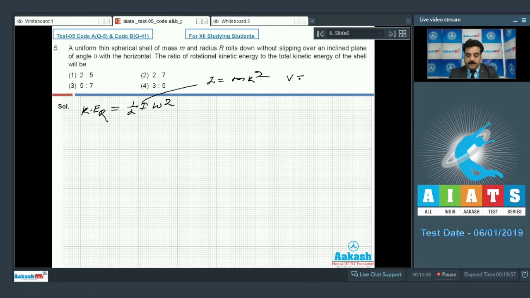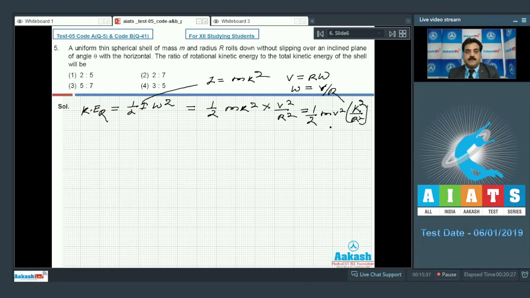In the case of pure rolling, v is equal to R omega, so omega will be v by R. Using this, we write 1/2 I as m k square and omega replaced by v square by R square. So I can write half m v square into k square by R square. This is the formula for the rotational kinetic energy.